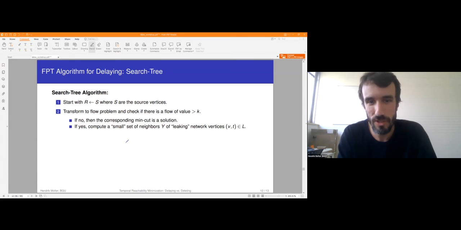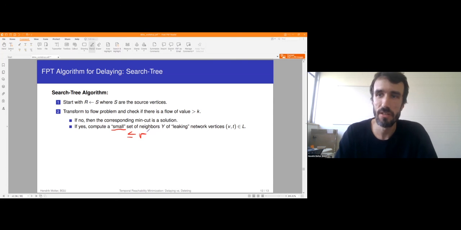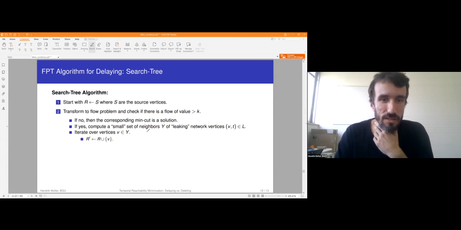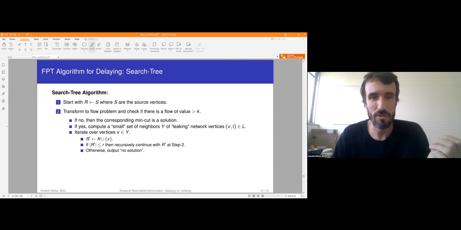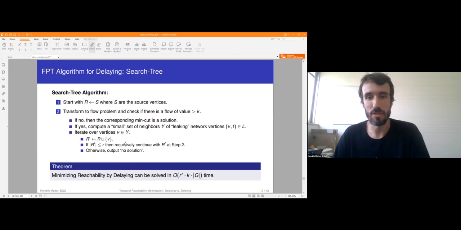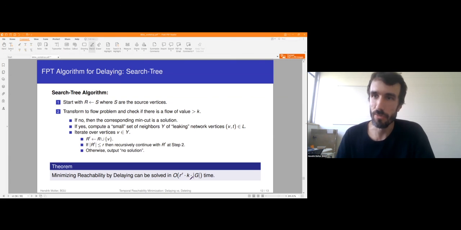And as I tried to hint just before, this small essentially means that it has size at most r. And then we do a search tree, right? So we try all of them and recurse. And this gives us a running time of r to the r times something polynomial.